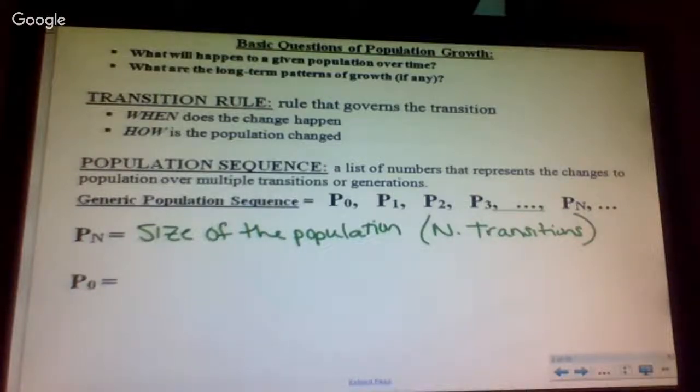How many transitions do you want to happen? Are we doing it for 8 transitions? 12 transitions? So on and so forth. And P sub 0 is your initial value.